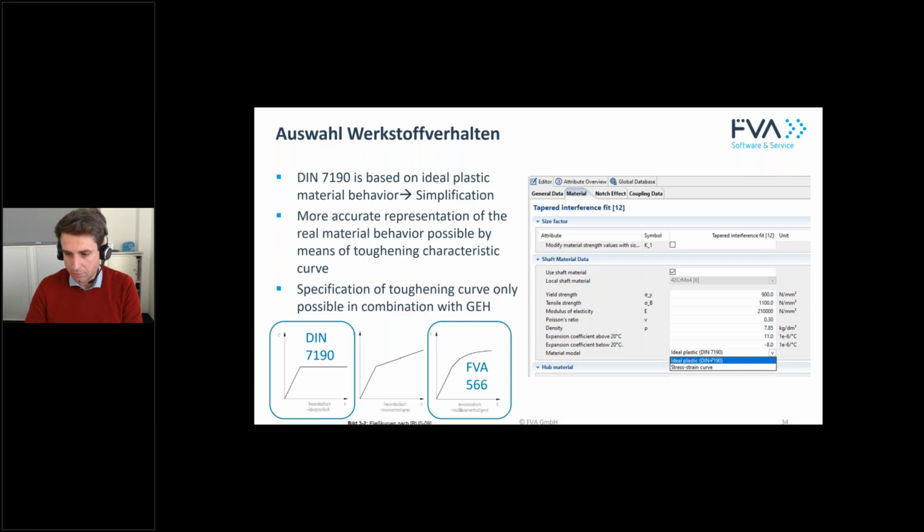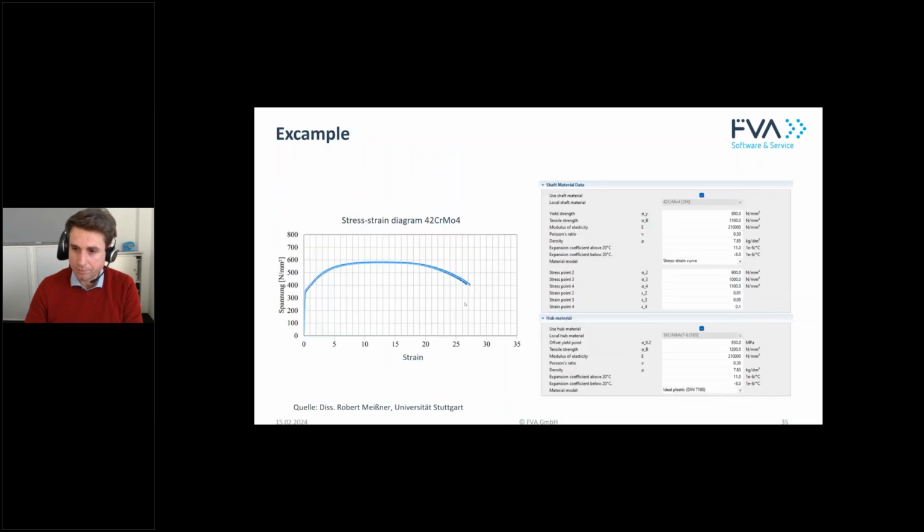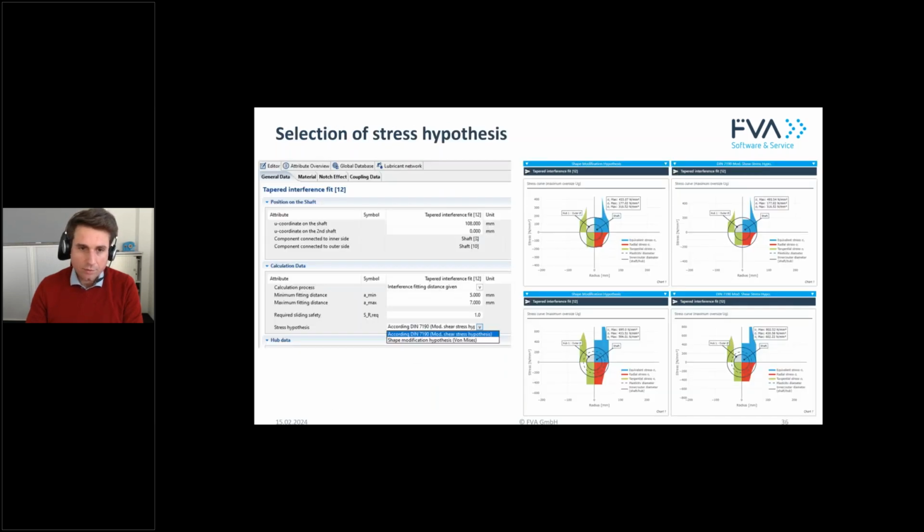So now you could add a stress strain curve with a new stress hypothesis. So the DIN 7190 had a modified shear stress hypothesis as a basis, and we now added a shape modification hypothesis, von Mises.